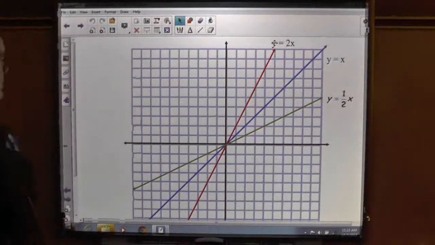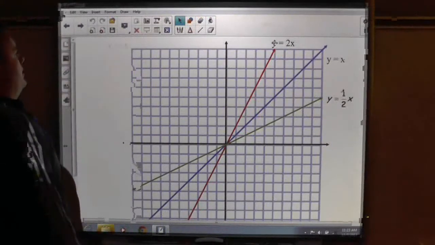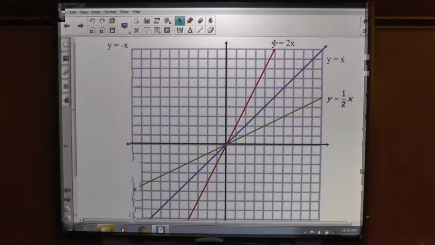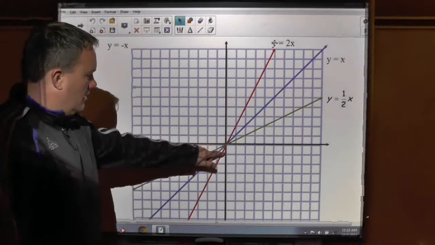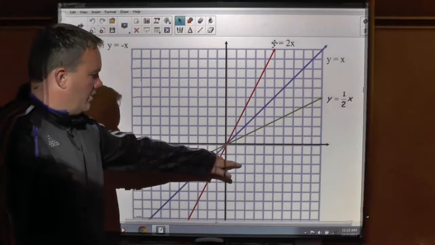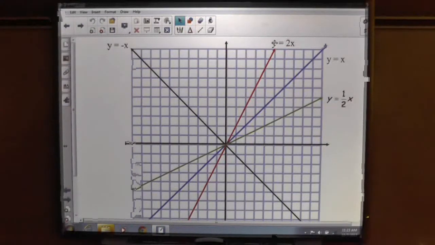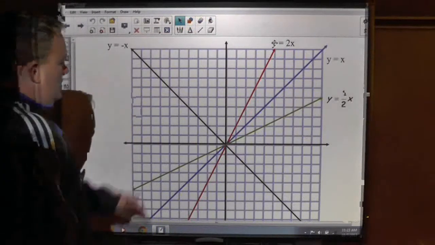But let's go along and try y equals negative x. When we look at y equals negative x, it goes down 1, to the right 1. The y-intercept is still the same, still (0, 0). But now you notice that it's going off in the other direction. This one's decreasing.